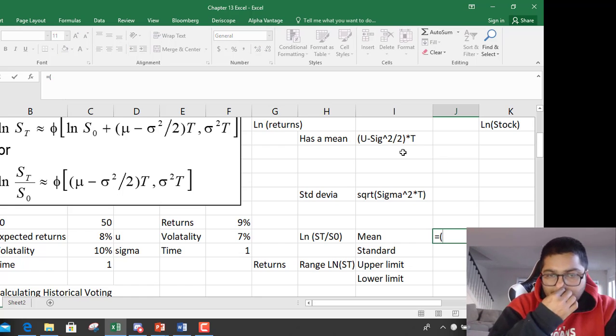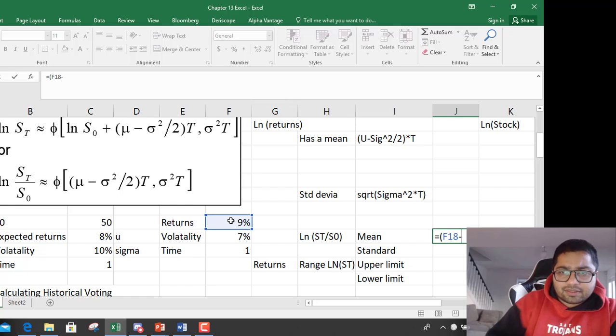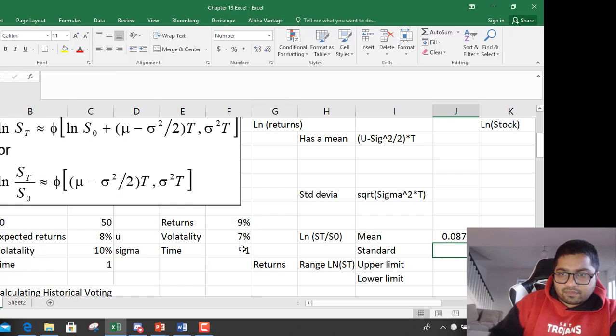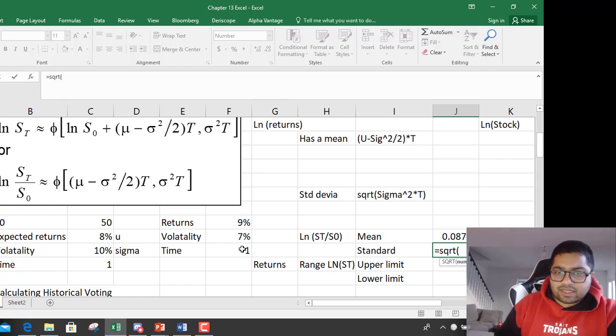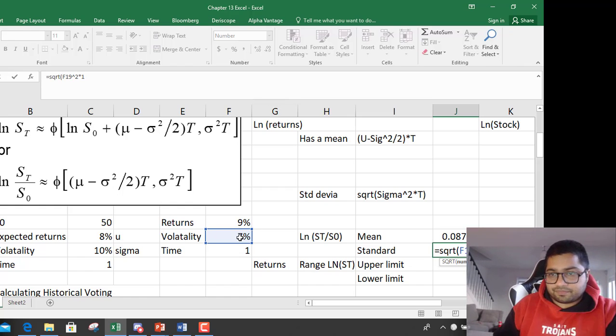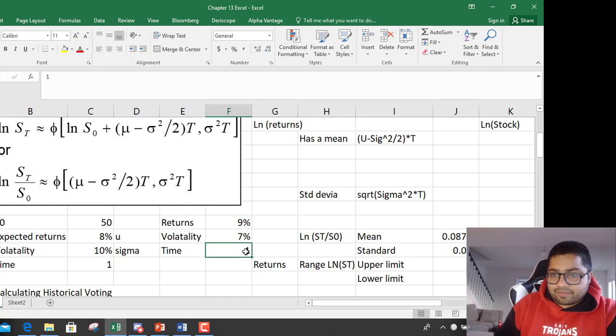So mu is returns minus volatility squared divided by 2, times T. Standard deviation is square root of sigma squared times T. Okay, time was 1.